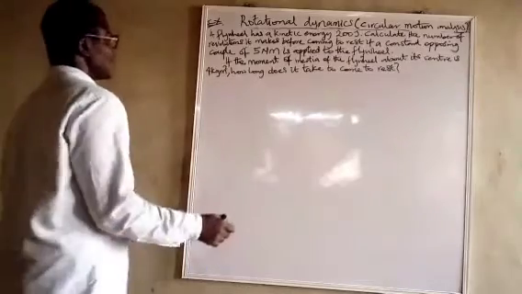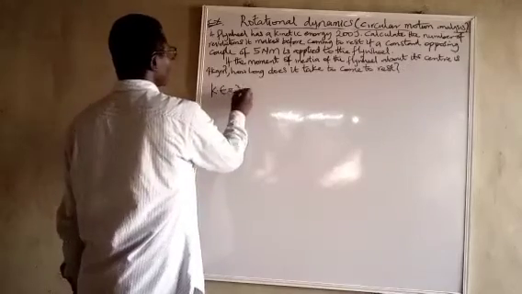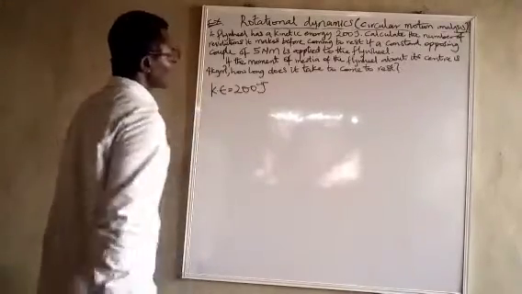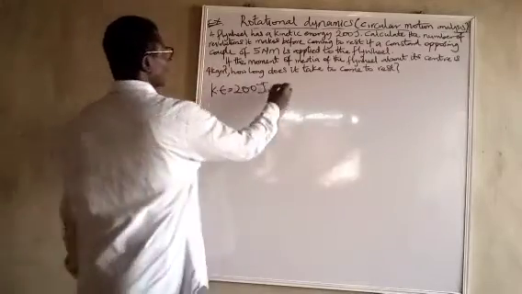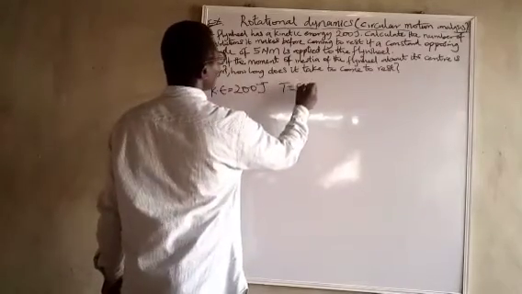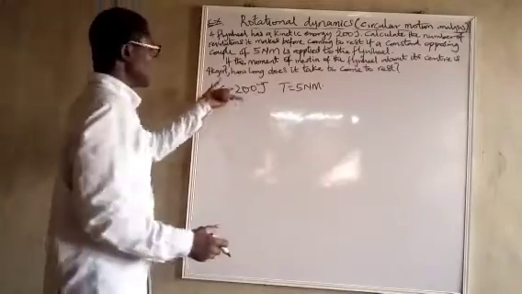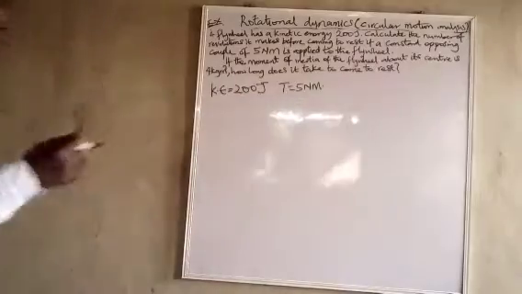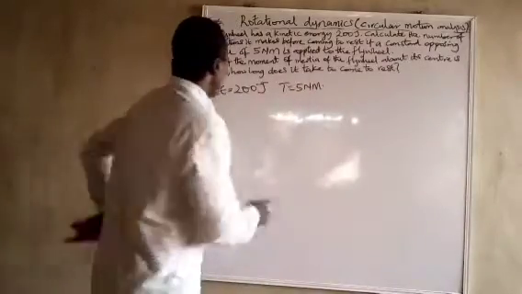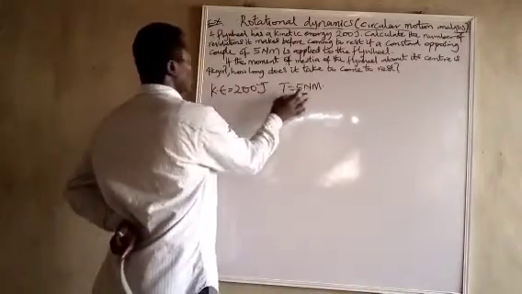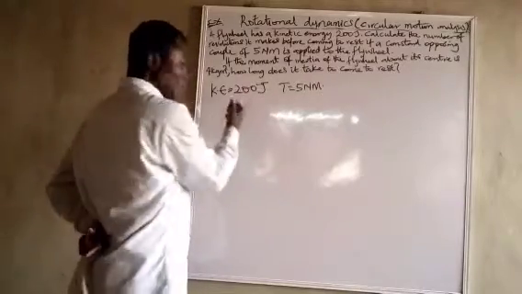Now, we have a situation like this. We know that the kinetic energy is equal to 200 joules. And we are told that the torque is equal to 5 Newton meter. That is opposing it. Therefore, this kinetic energy must be brought to 0 by this torque. The work done against the kinetic energy should also be equal to 200 joules.